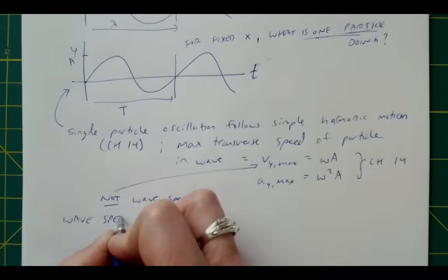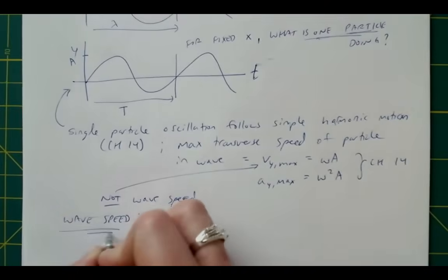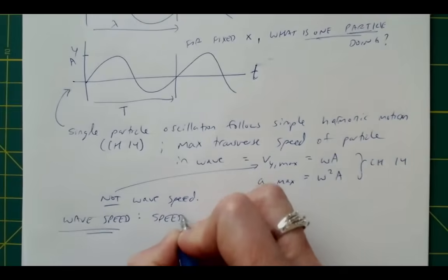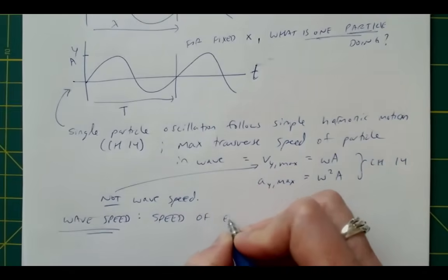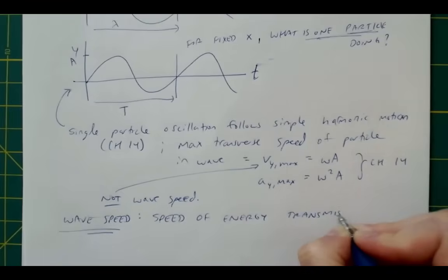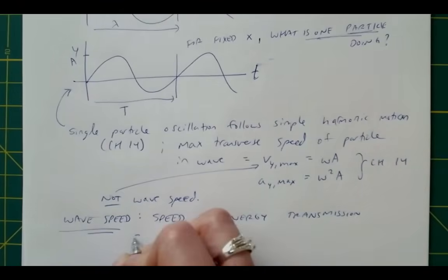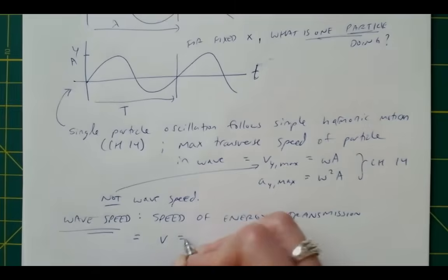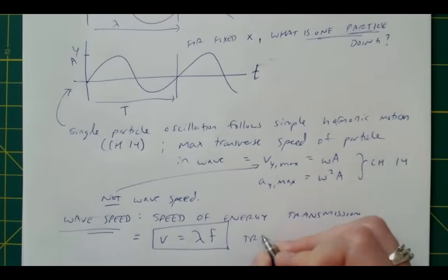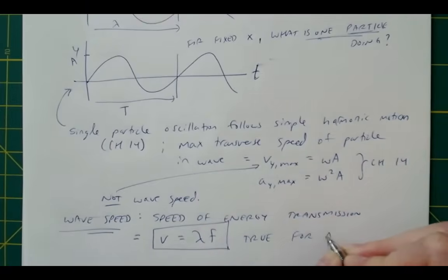And then here is possibly the most important equation for wave motion, which is that the wave speed, which again is the speed of energy transmission, is equal to what we call V, and that's equal to the wavelength multiplied by the frequency. And this is true for all waves, even electromagnetic waves.